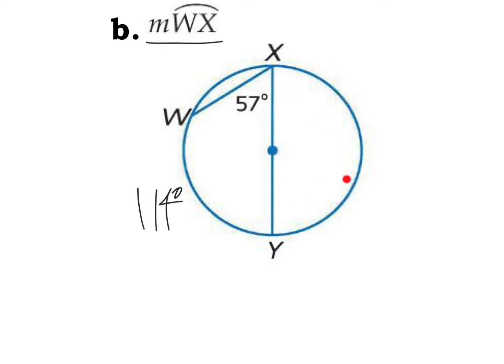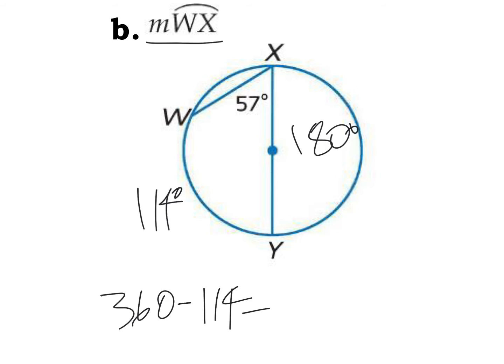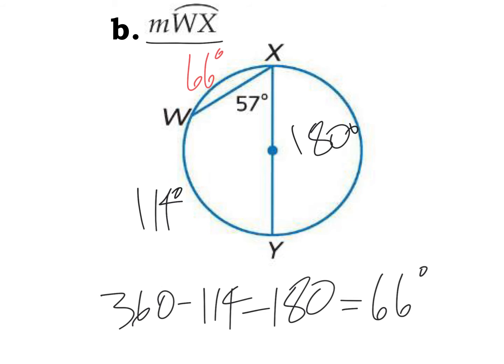So this is half of a circle, and we know that the sum of the degrees of a circle is 360 degrees, so this is going to be 180 degrees. We just need to do 360 minus 114 and minus 180 to figure out what measure of arc WX is. With that, I get 66 degrees for measure of arc WX.